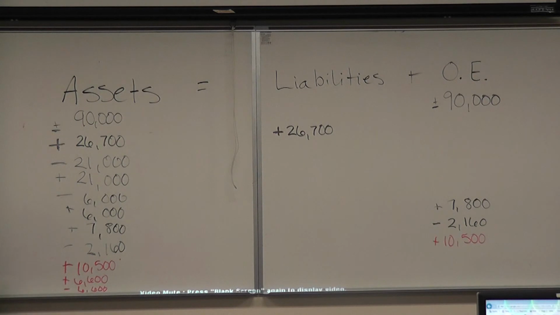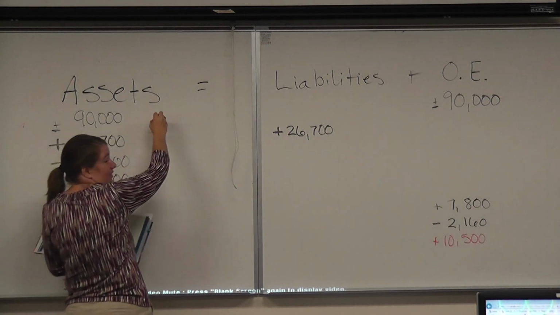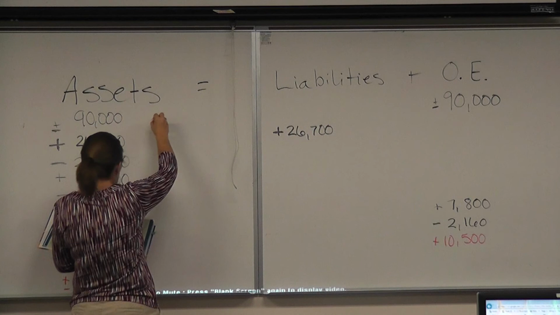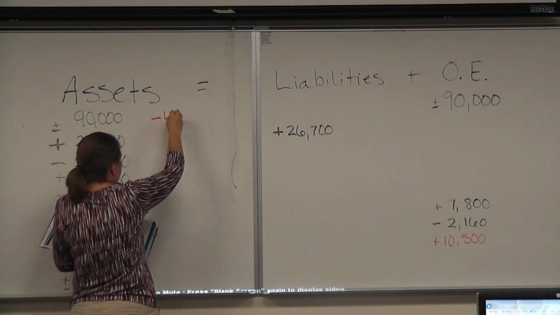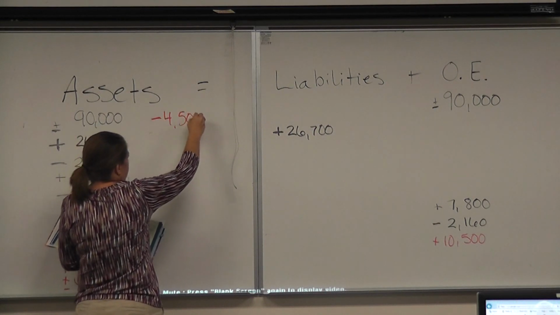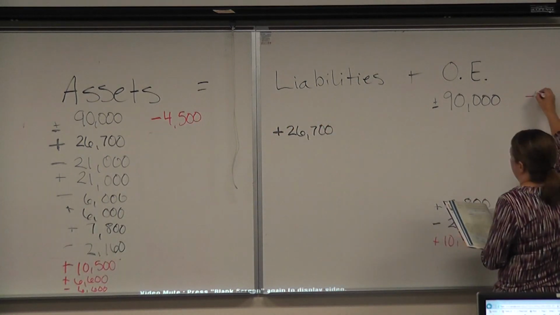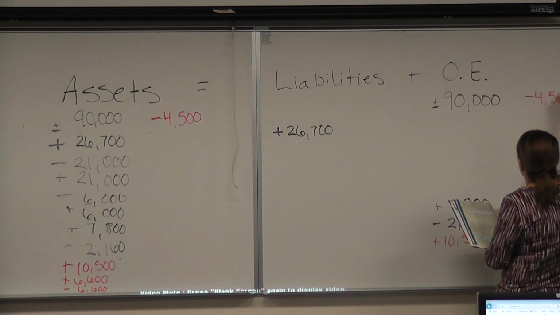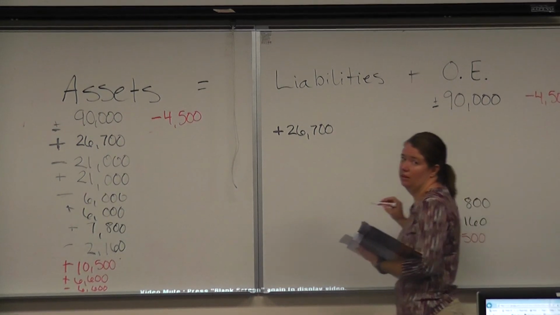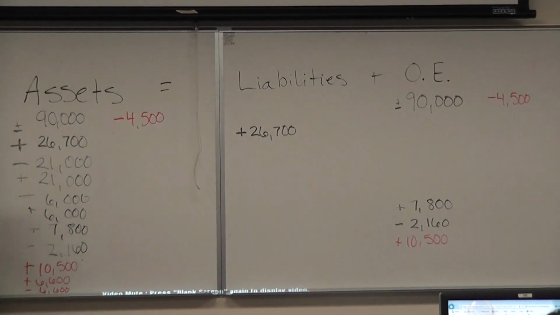Start another column. You want me to just do it over here? Okay. So you subtracted. We have a minus on both sides of the equation.